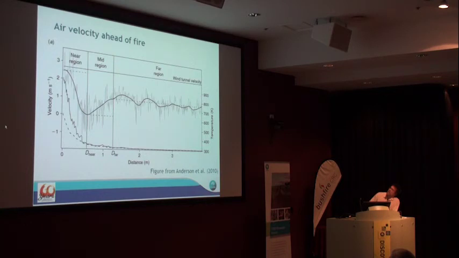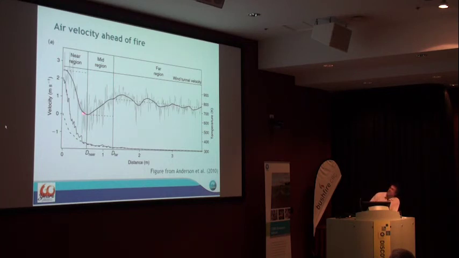As the fire approaches, the wind goes to about nil. So there'll be like a convergence zone where there's no wind. The black line is the average wind, and some of the light lines are negative, so they are opposite to the direction of the flow, which means it's cooling the fuels.